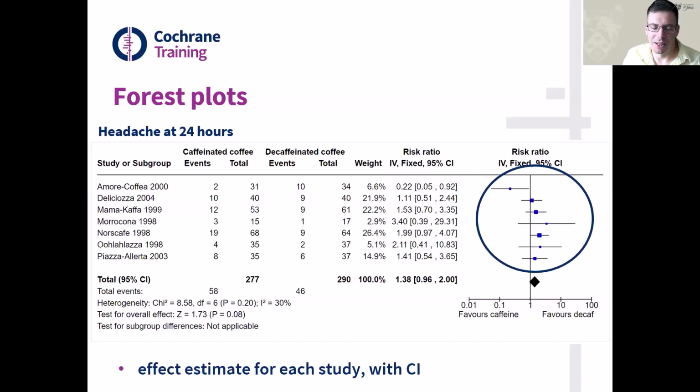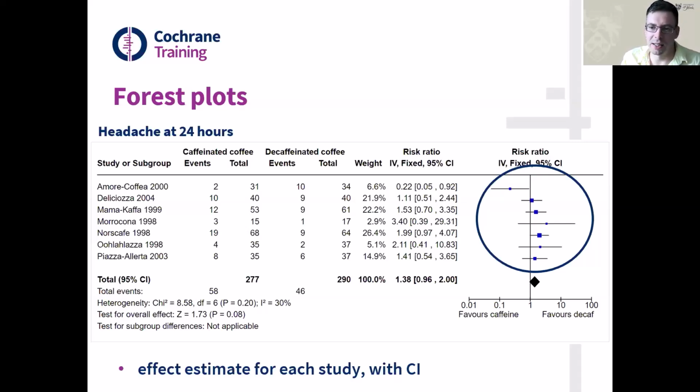One thing I slightly dislike about Cochrane forest plots is that there's an awful lot of space given to the data and not enough space given to the actual plot. It's the picture on the right that's the important thing that we actually look at to think about our meta-analysis. It does get a little bit lost in all the data, but focus on the picture, not on the numbers, for this session.